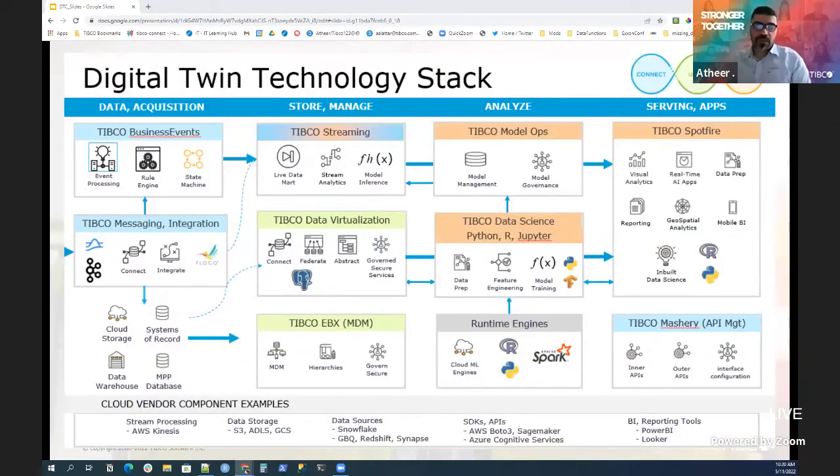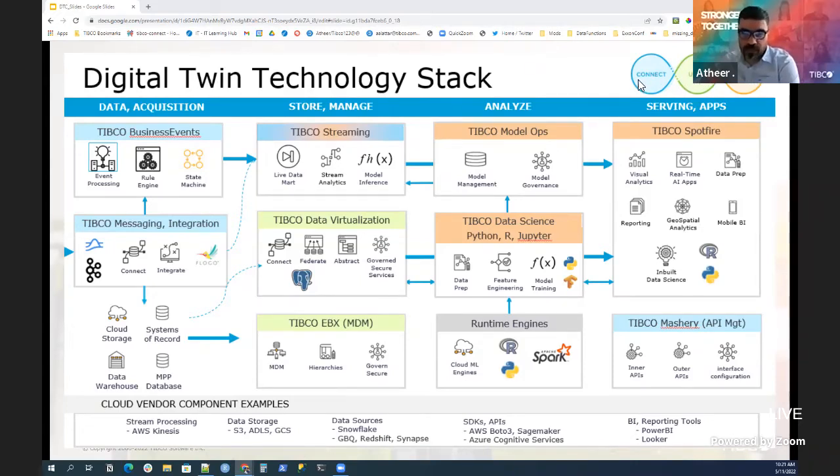Let's talk about the technology stack that we use at TIBCO to assist with the process of creating a digital twin. In general, our technology stack in TIBCO is divided into three main pillars: the connect, the unify, and the predict.